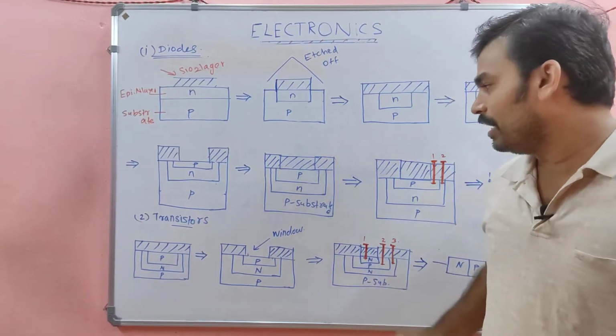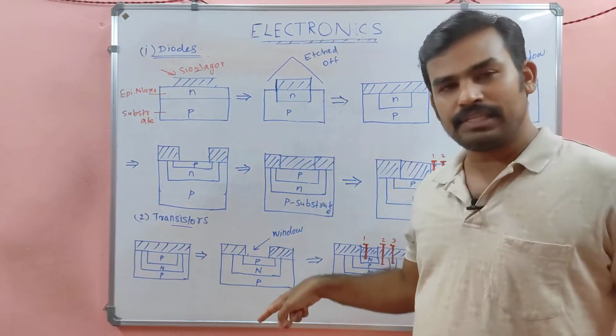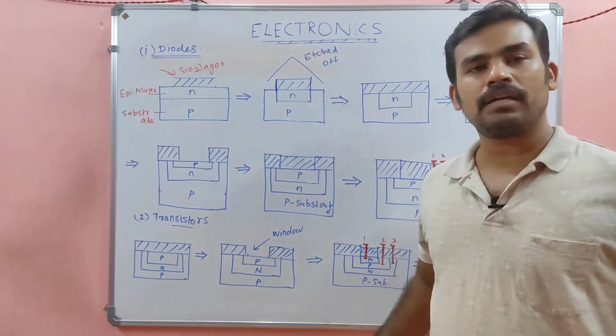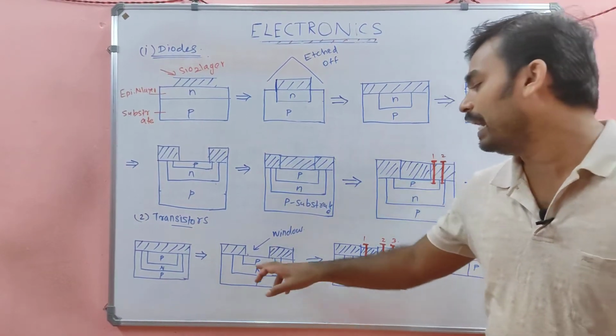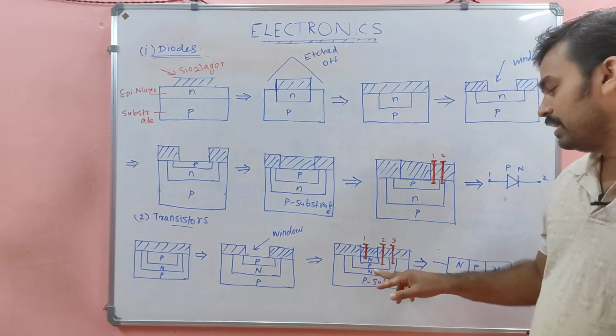In a similar manner, the portion where we etch and inject the pentavalent impurity is converted to N, not the entire P. So this will be the structure.